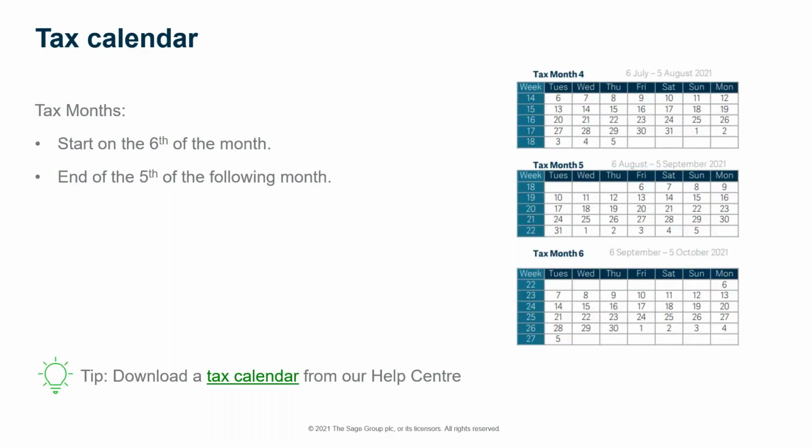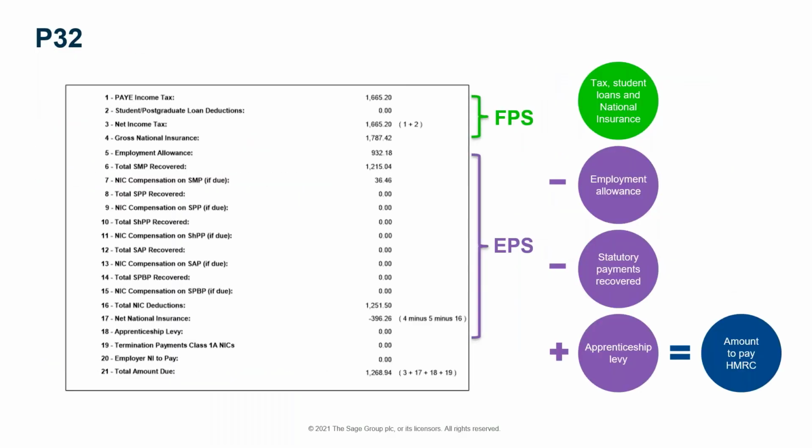So quick recap then of those final two steps. The P32 breaks down your liability. Tax, student loan and national insurance has already been submitted as part of an FPS. It's the statutory pay recovered that would require an EPS at the end of the month, and employment allowance claims, you'll have sent an EPS at the start of the tax year.